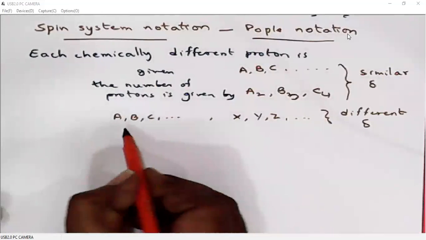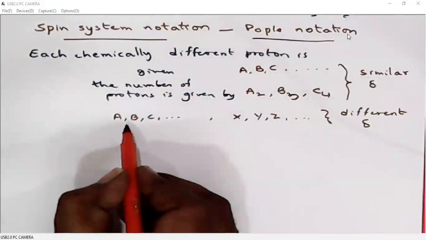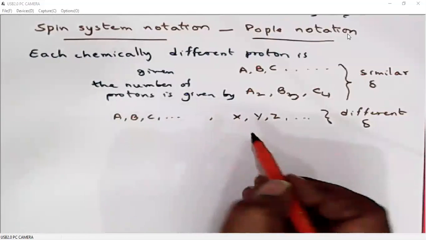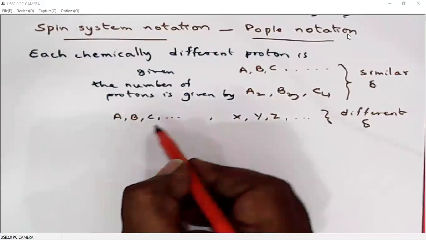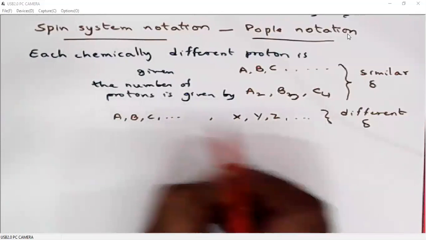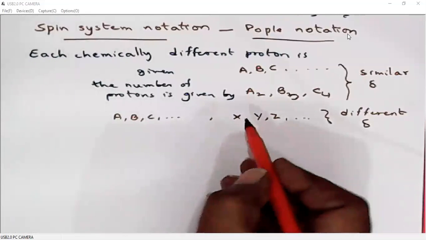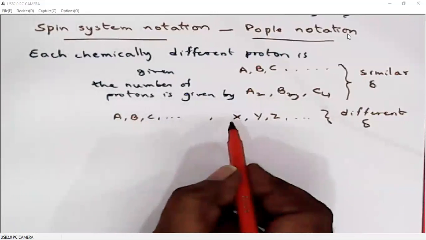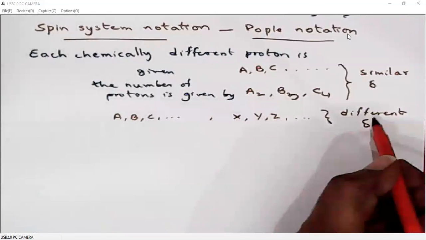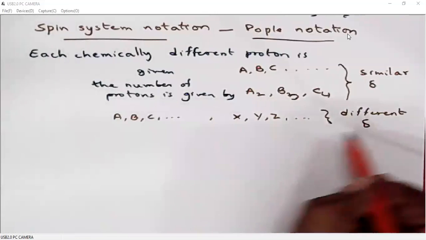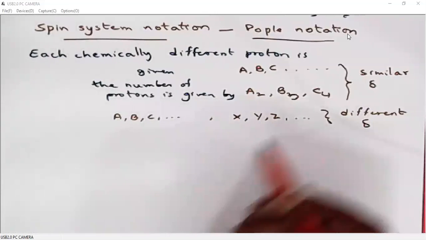You see, in the alphabet, A, B, C are the starting letters, whereas X, Y, Z are the ending letters. That means there is a large separation between the first letters and the last letters, because they have large differences. Similarly, the protons which exhibit large delta differences are expressed as ABC, XYZ.